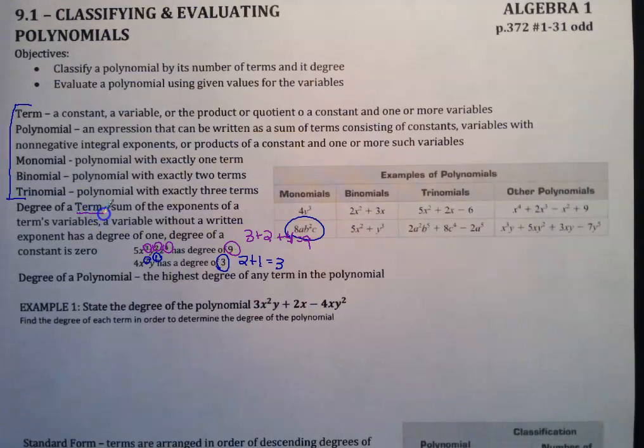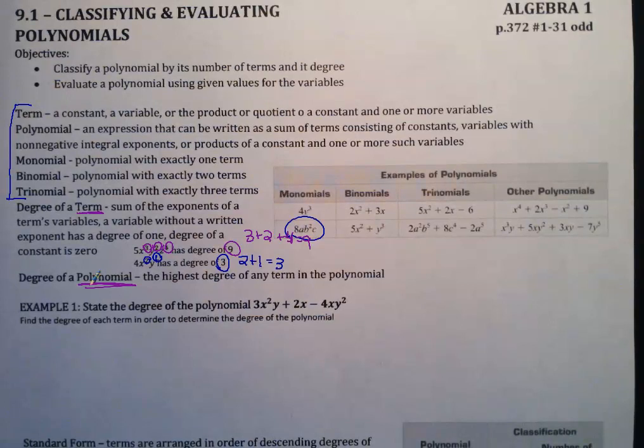So then, how do you get the degree of a polynomial? Okay, it says the highest degree of any term. So you don't add them all together. Okay, you just pick the biggest one. You got it.